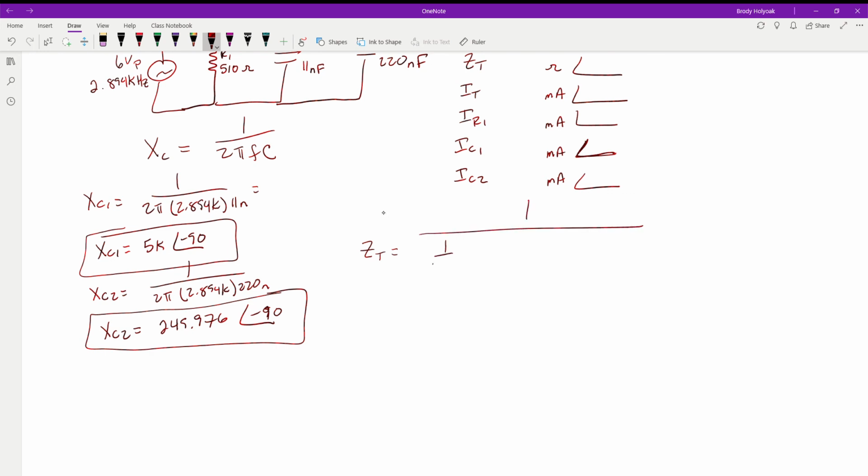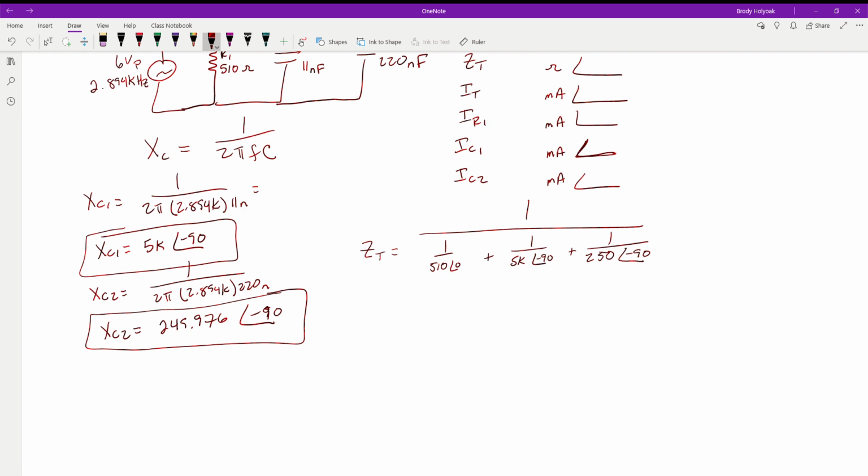So we have 1 over 510 at 0 plus 1 over 5K at negative 90 plus, and I'm just going to round this up to make it look a little easier, 250 ohms instead of the other value. This is exact. We're not losing anything. This is where I wanted it to be.